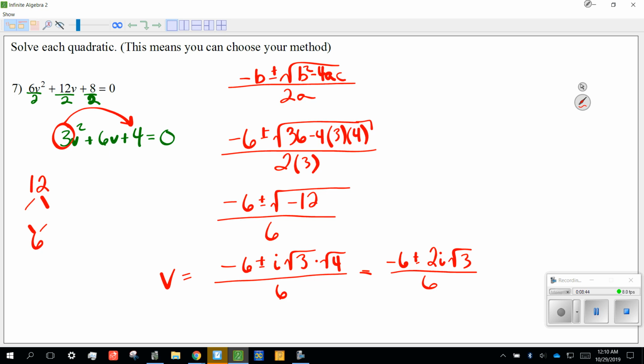Alright, now I can divide all those things by 2. This divided by 2, divided by 2, and I get negative 3 plus or minus i square root of 3 over 3. And that's what v equals when that whole equation equals 0.